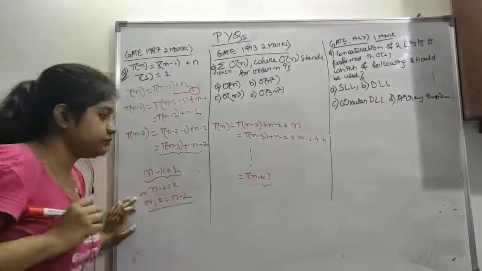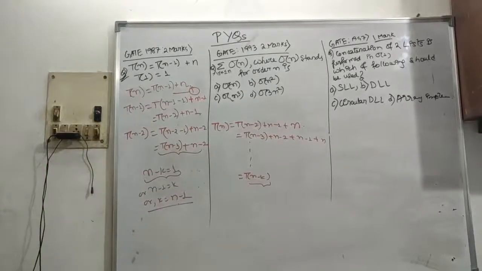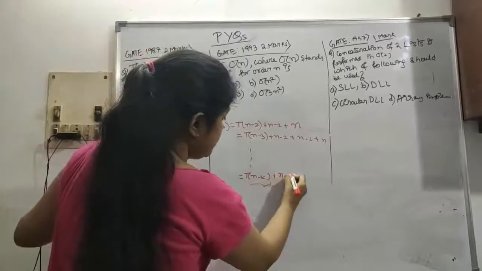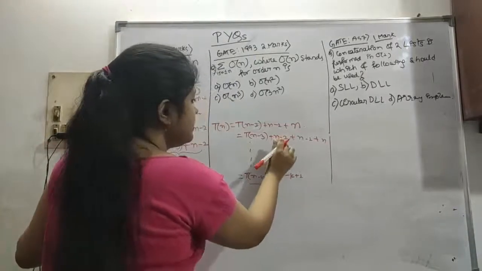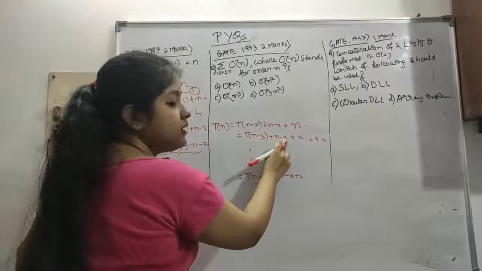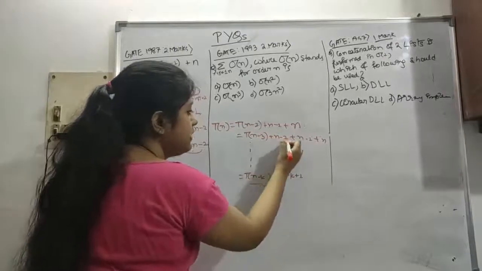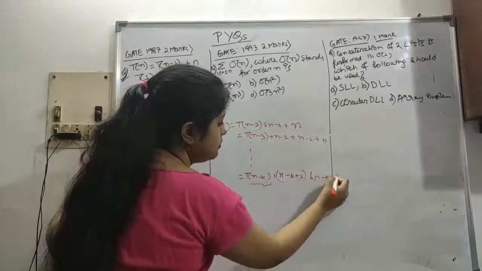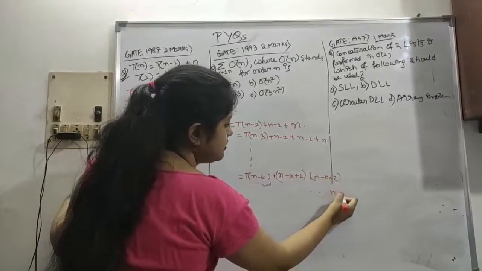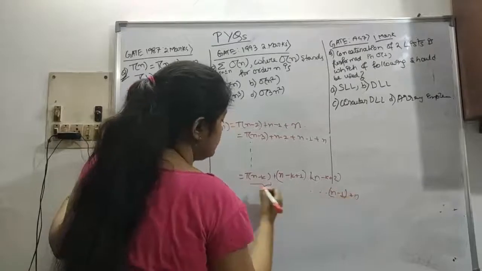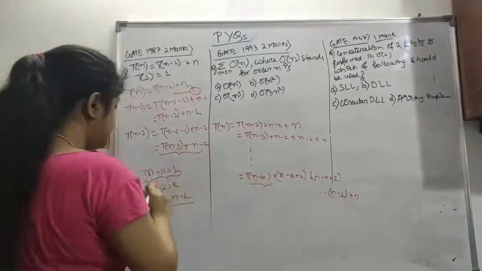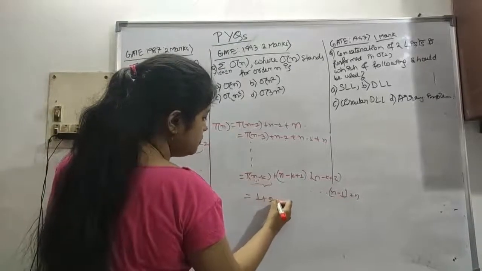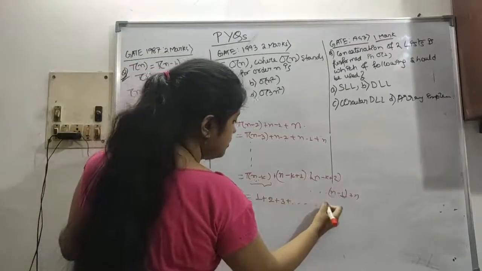Here n-k is 1, so this is 1, and now it will continue as 2, 3, up to n.